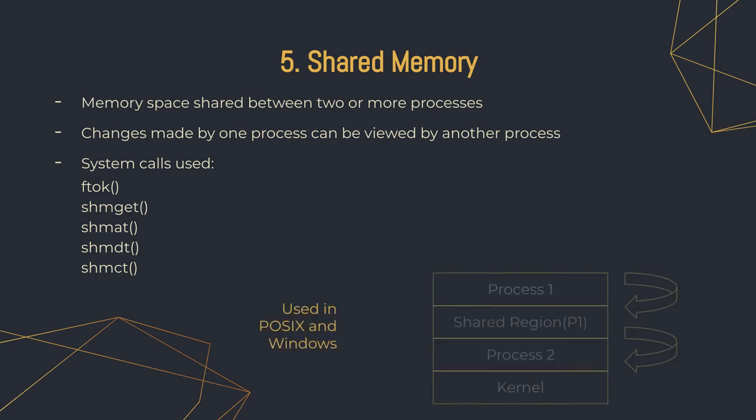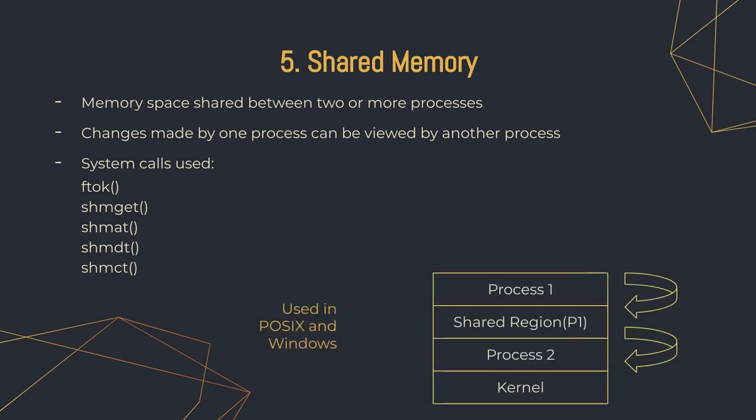This is used in POSIX and Windows, and here we have a representation of how shared memory works. Process 1 wants to share its details, so it creates a shared region from which process 2 can access and obtain the information.